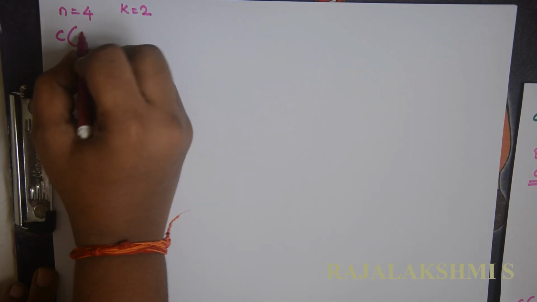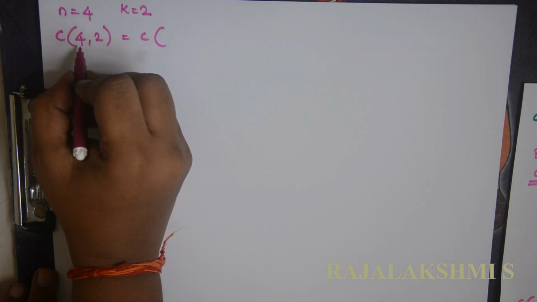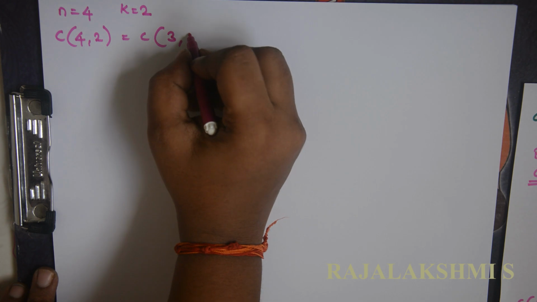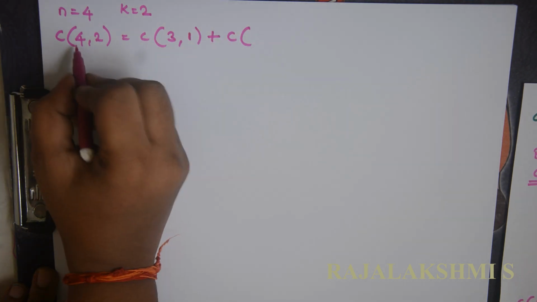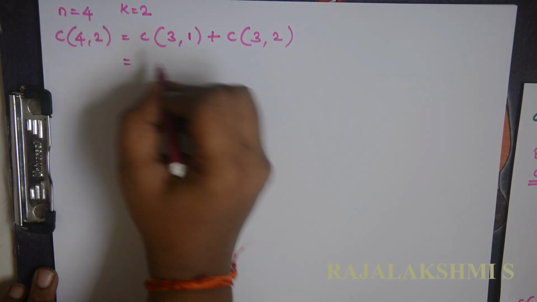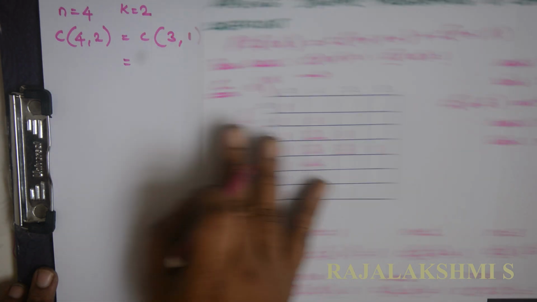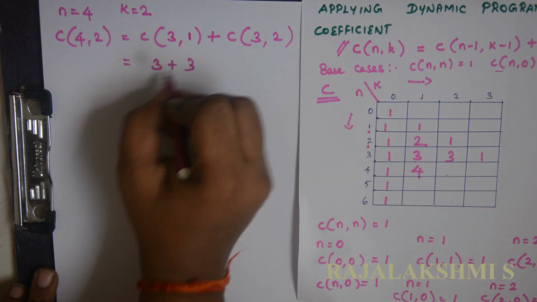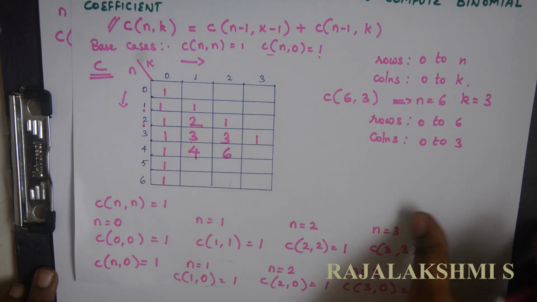So C of 4 comma 2 is equal to C of n minus 1, which is 4 minus 1, that is 3 comma k minus 1, which is 2 minus 1, that is 1, plus C of n minus 1, which is 3 comma k, that is 2. So C of 3 comma 1, which is 3, and C of 3 comma 2, which is 3. So it is 3 plus 3, which is 6. So C of 4 comma 2 is equal to 6 here.